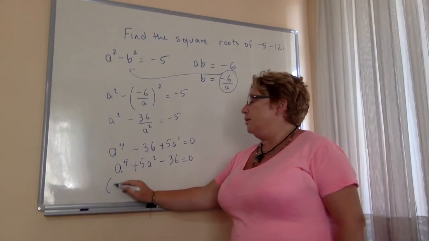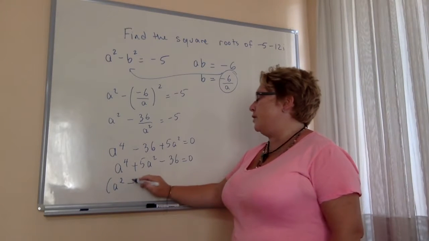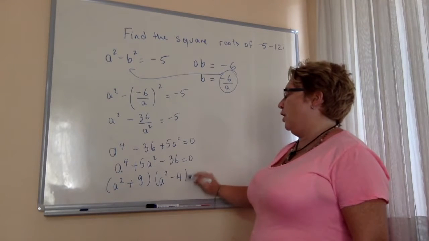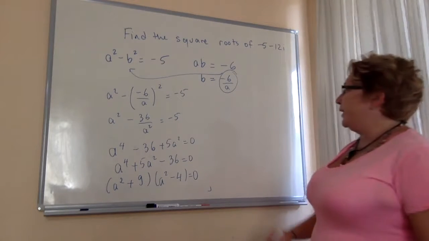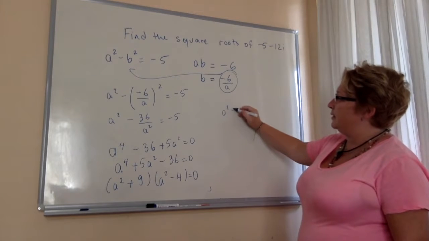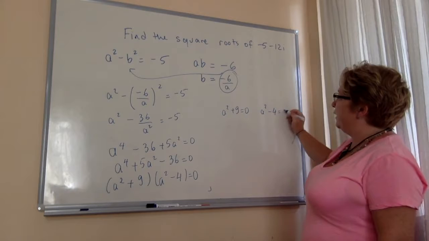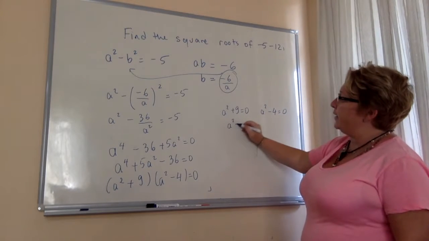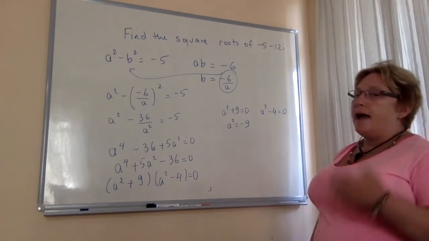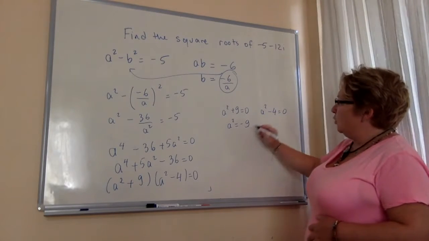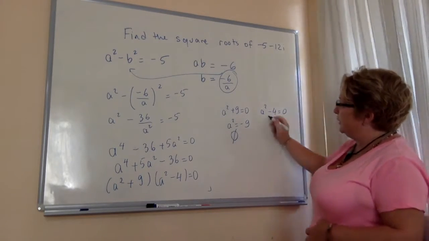This will be factored as (a squared plus 9)(a squared minus 4). So I can have a squared plus 9 equal to 0, or a squared minus 4 equal to 0. Here I get a squared equal to minus 9, and a and b were supposed to be real numbers, so nothing comes out from this one.